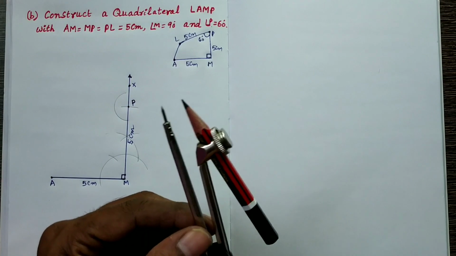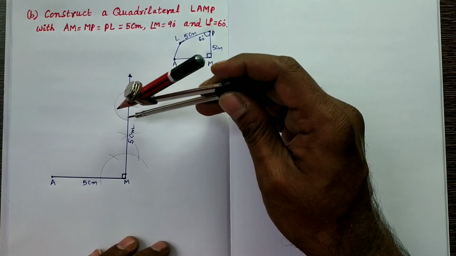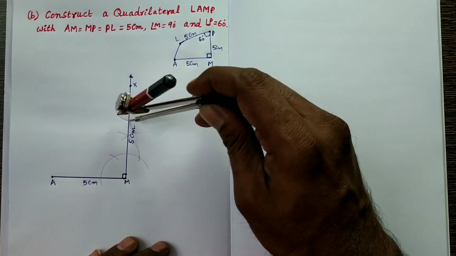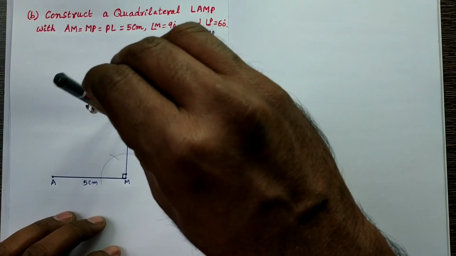With this same radius, take the intersecting point of the side MP and the arc as center, and draw an arc.